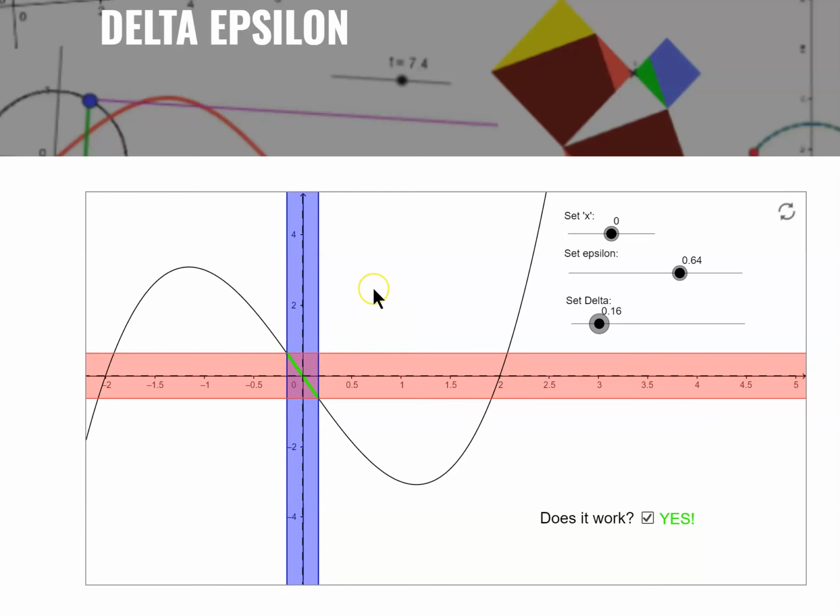If I increase delta to 0.17, I've left that horizontal band, that y value band that I'm interested in.